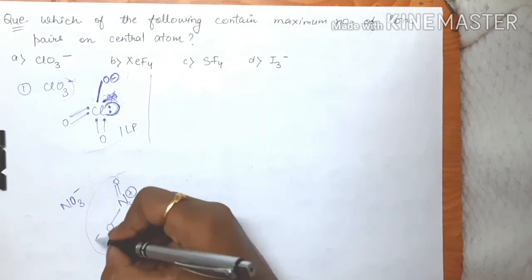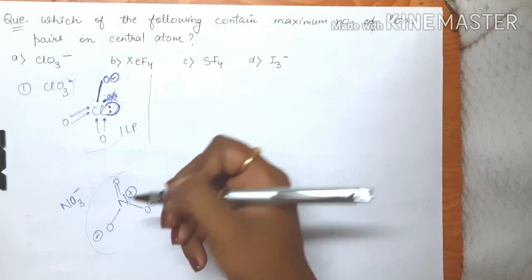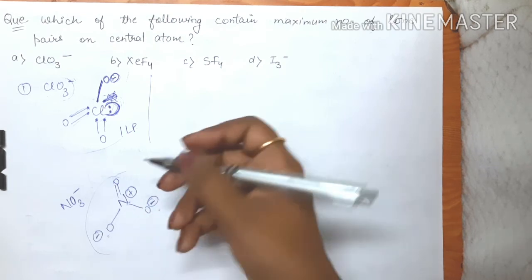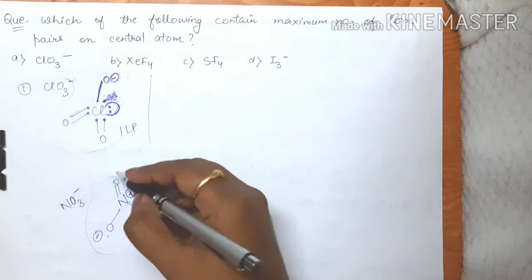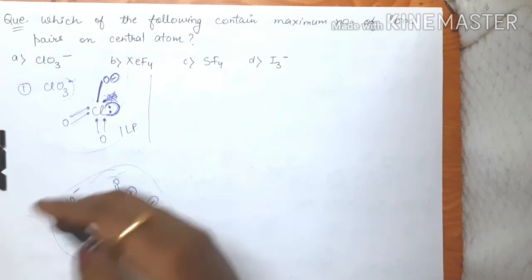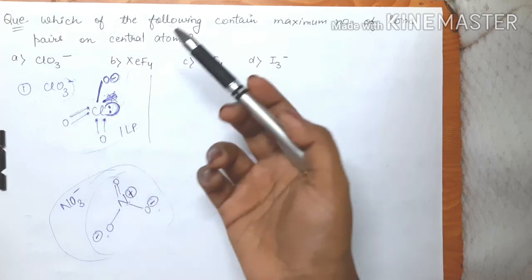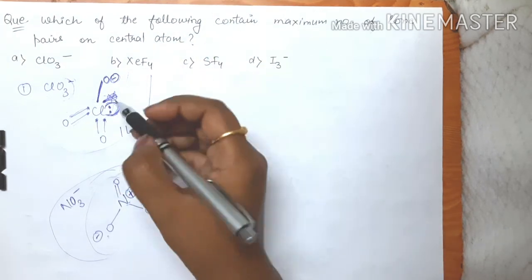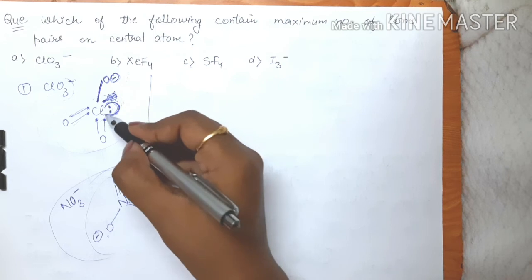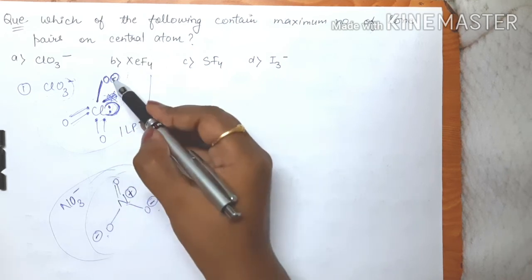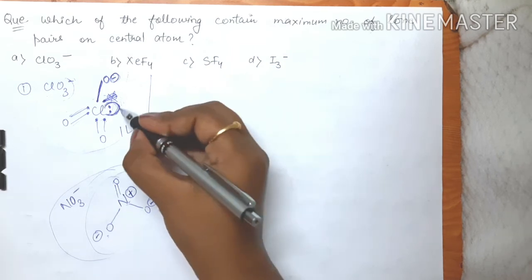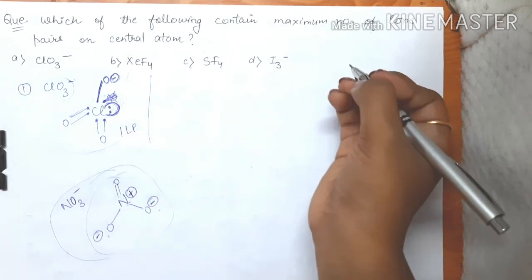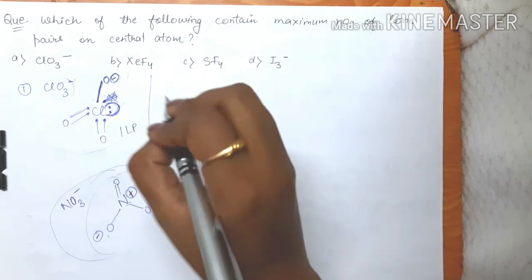So what we did was we introduced two negative charges on these two oxygens, and we gave positive charge onto this nitrogen in order to make the NO3 negative molecule. Similarly, for ClO3 negative, we are not making a partial lone pair on this chlorine. What we are doing is introducing negative charge on one of the oxygens, and then we are making one lone pair on this central atom, right? So I hope this one is clear now.